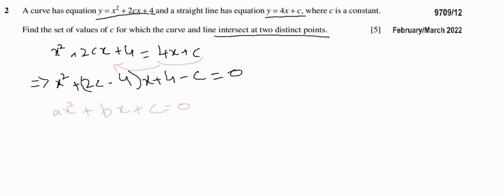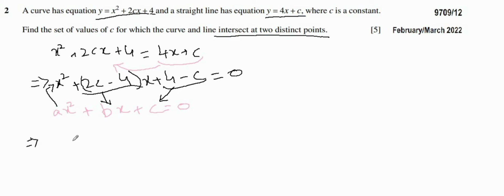So the coefficient of this x squared is a, which is 1 obviously, and the coefficient of x over here, that means 2c minus 4 is b, and c is equal to 4 minus c. Now this c is different from this c, obviously. You must understand this thing.